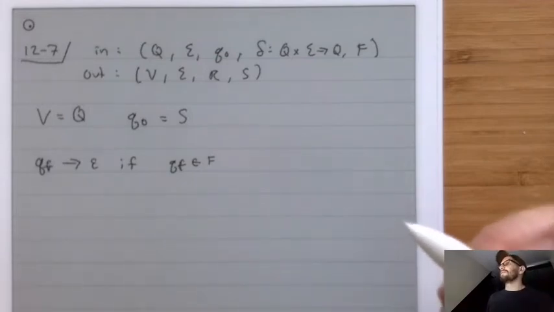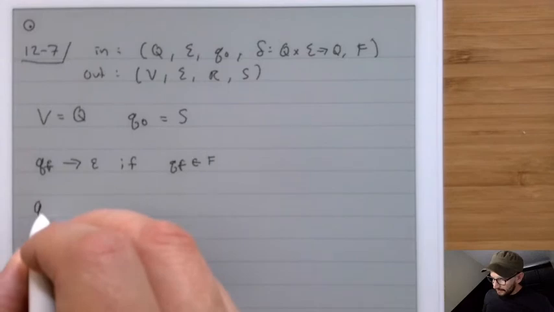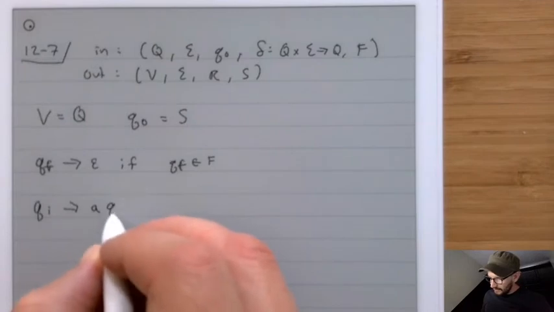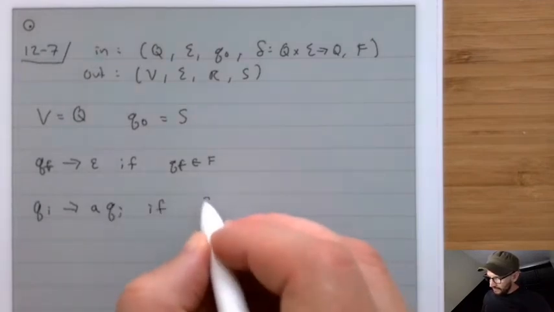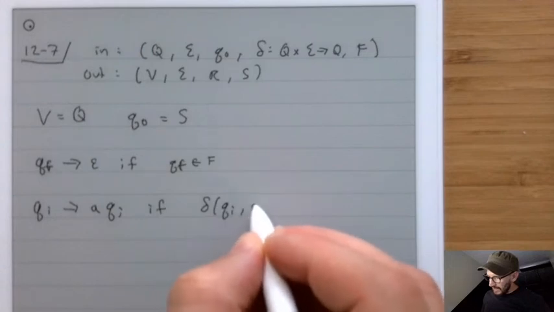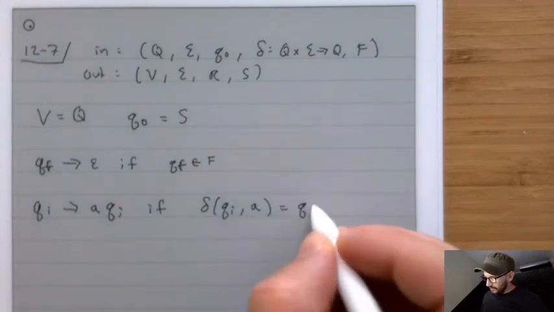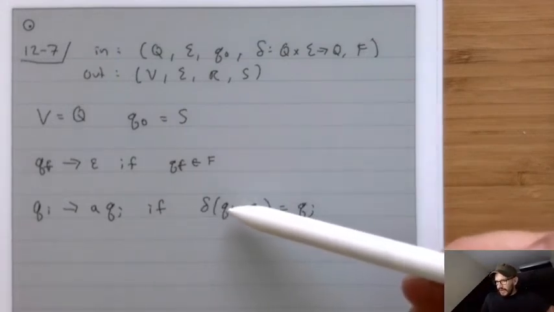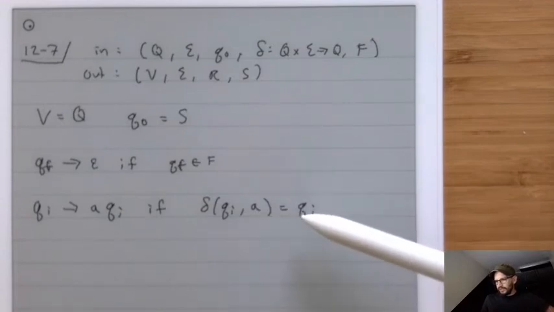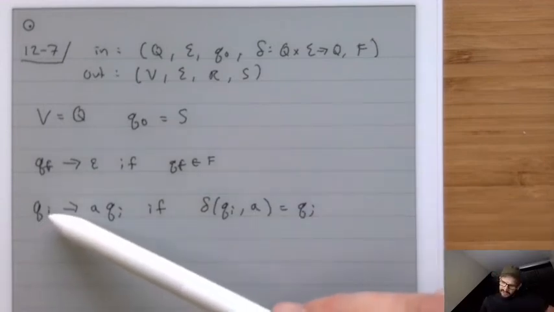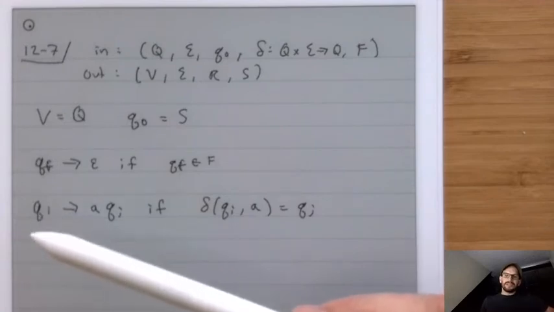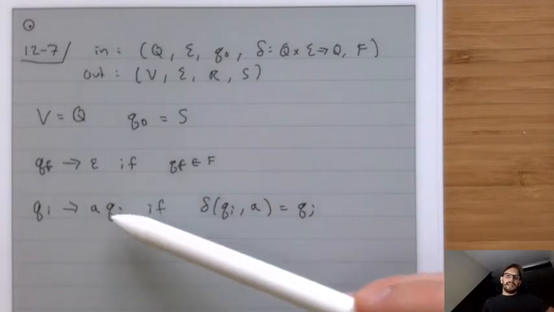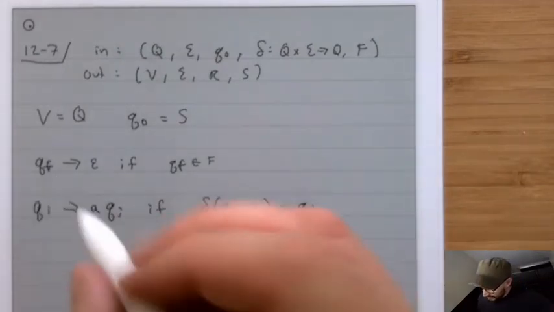The next rule that we'll add is we'll say that Qi can go to a Qj if delta of Qi, a equals Qj. The idea behind this one is that if we're in state Qi, we can consume an a and go to Qj. Then that means that if you're looking at a variable Qi, you can get to an accepted string if you saw an a and then a string that would be accepted from Qj.